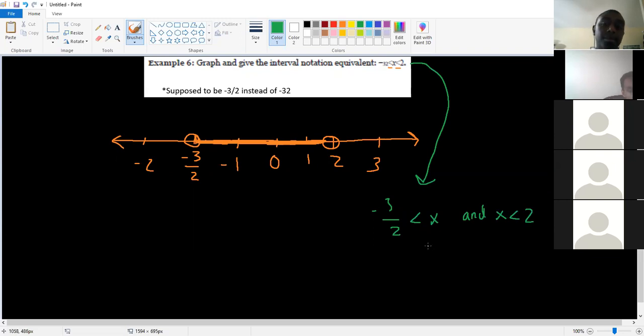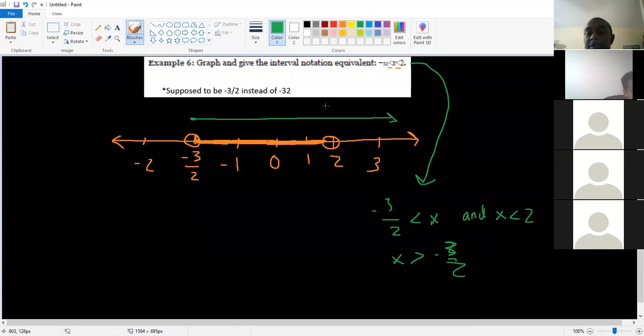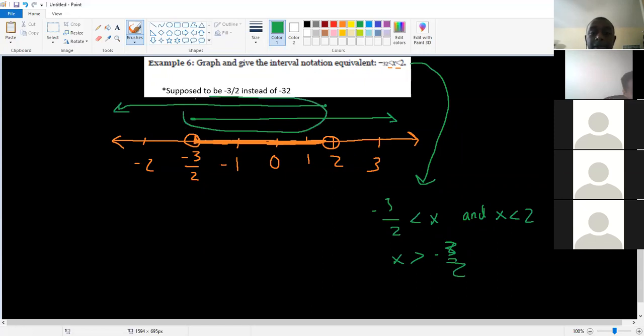We can model this as x is greater than negative 3 over 2, so all the numbers to the right of negative 3 over 2. And for this part of the compound inequality, all the numbers to the left of 2, less than 2. Because it's an and, we need the intersecting part. So yes, you just connect the dots.